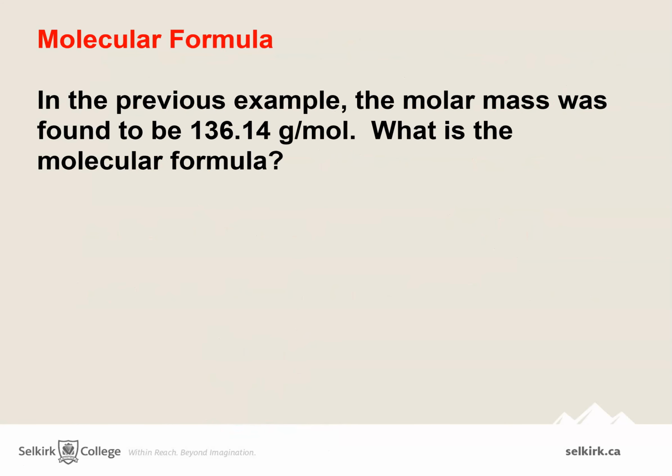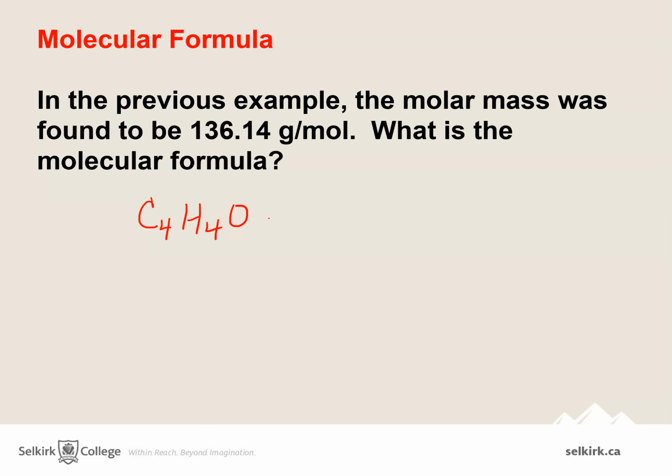So let's extend this question to find the molecular formula for the compound using the data from the previous example. The additional piece of information we're going to need is that the molar mass was 136.14 grams per mole for the true formula. What did we find previously? We found that the empirical formula was C4H4O.